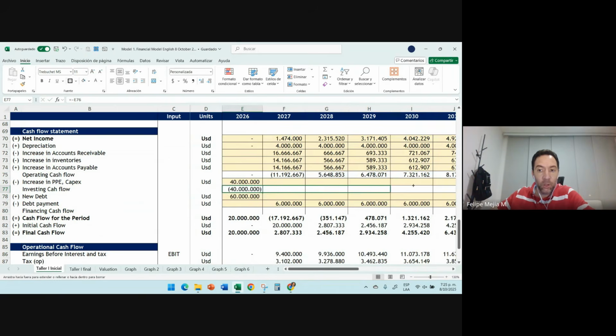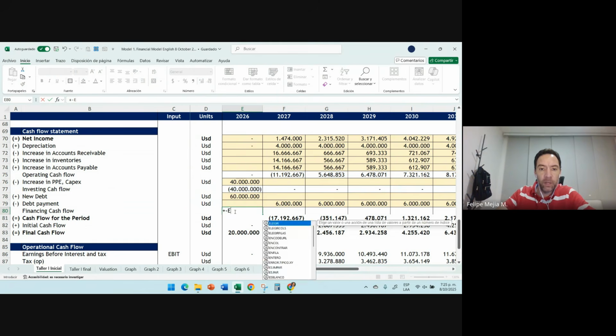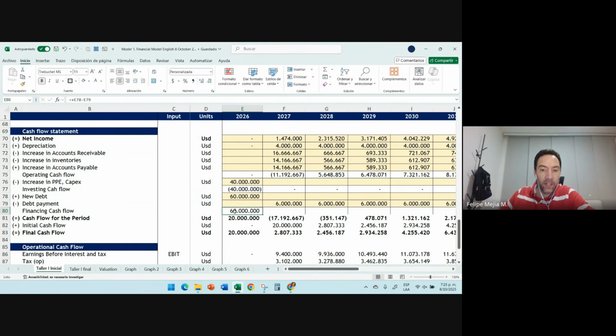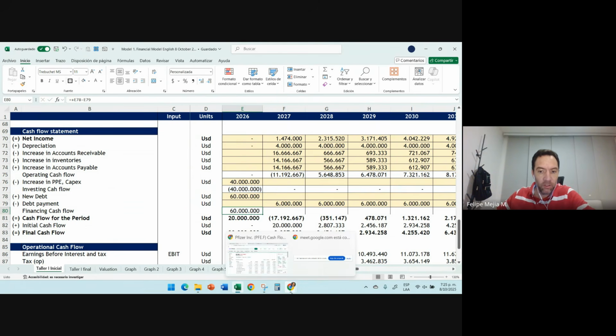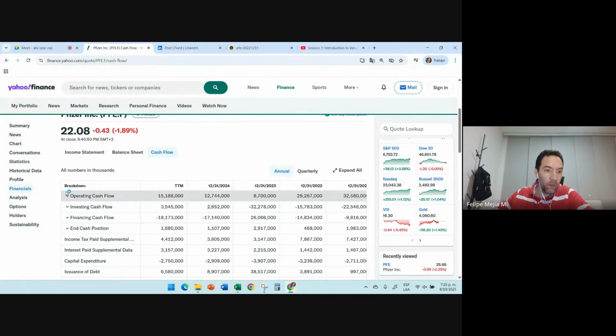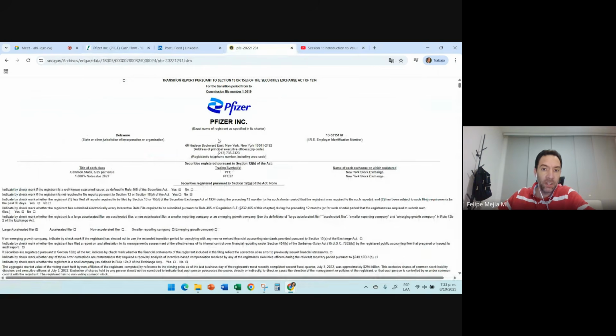So what I'm trying to do in this model is make our model look very similar to the information that you will find in Yahoo Finance, in case you want to continue working on financial modeling of companies that are traded in the stock market. In that particular case, you need to download all this information from Yahoo Finance, then visit the 10K and the 10Q reports and consolidate all that information into your financial model.